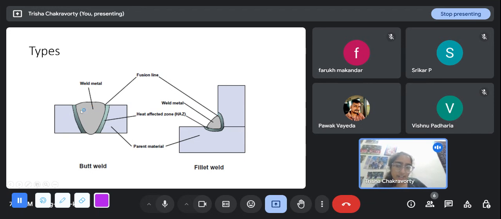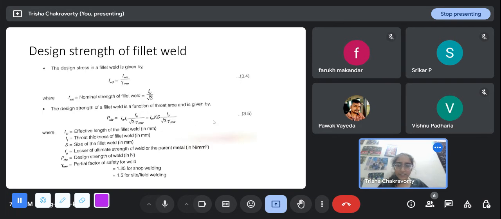In butt weld, it is joining the two plates end to end. So if there is a tensile force in the two plates, then the weld metal also undergoes a tensile force. But the fillet weld cannot, because it is at the junction of two perpendicular bodies, so it cannot undergo tension. It has to fail in shear. So the strength that we are calculating is the shear.